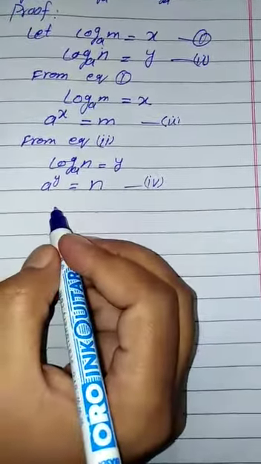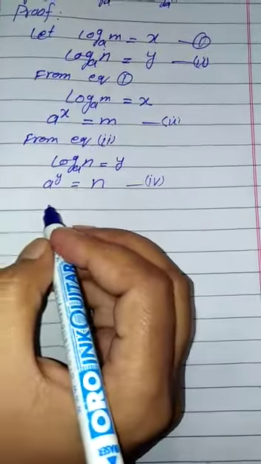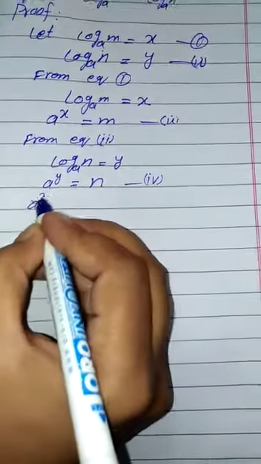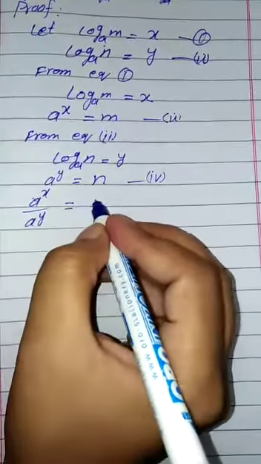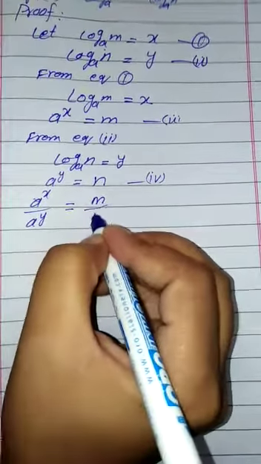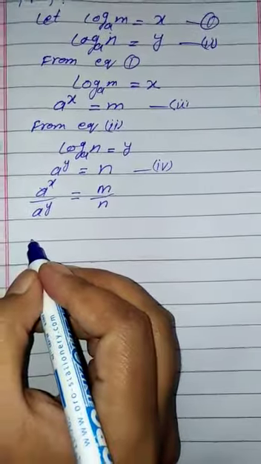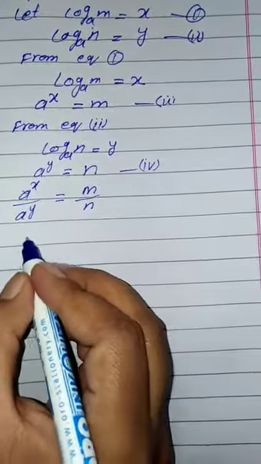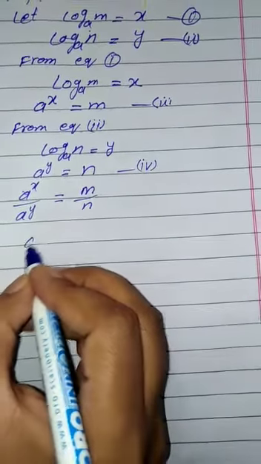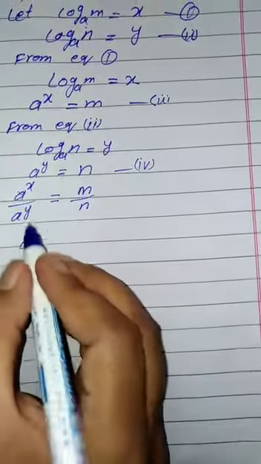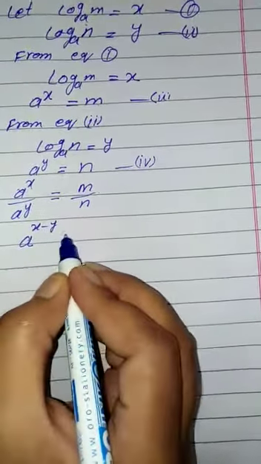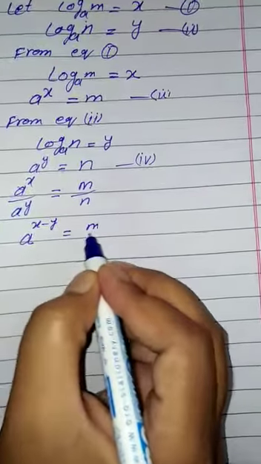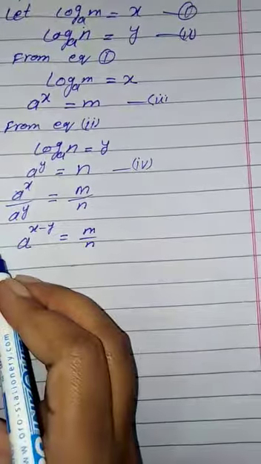Now dividing equation number 3 and equation number 4. A power x over a power y is equals to m over n. In this step by using the rule, base is written a single time, base is a, and the second power is subtracted from the first power, is equals to m over n. This is exponential form.